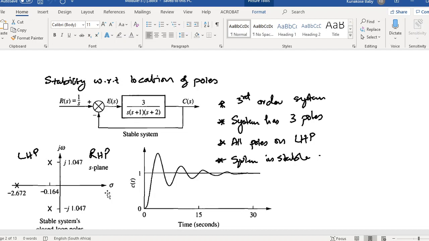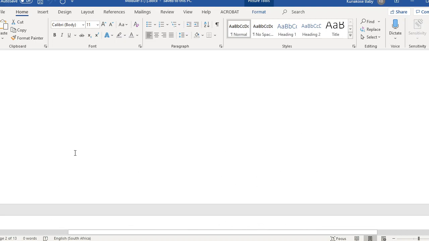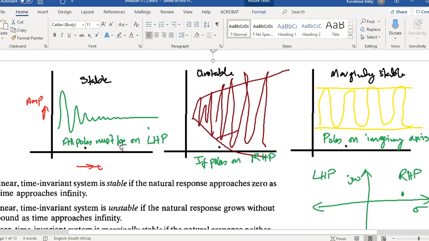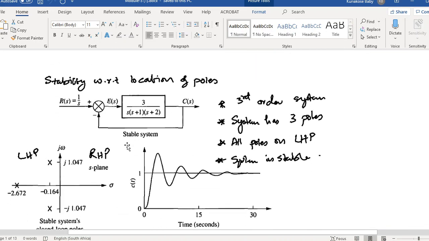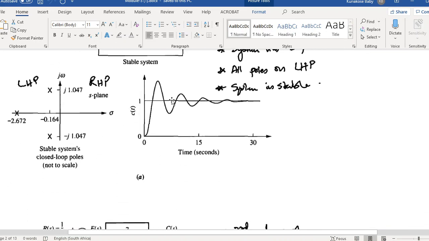In our next video, I'll show you an example of what needs to be done to do this in MATLAB. But in any case, by simply finding the roots, you will see that all the roots are lying on the left-hand plane. And naturally, we said that if the poles are lying on the left-hand plane, then the system is said to be stable. This is the kind of response that you get.